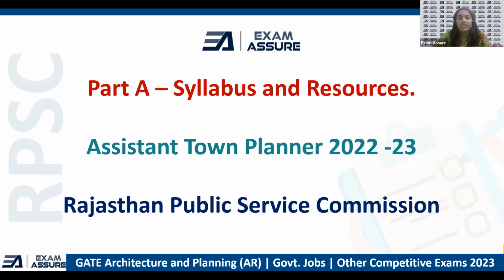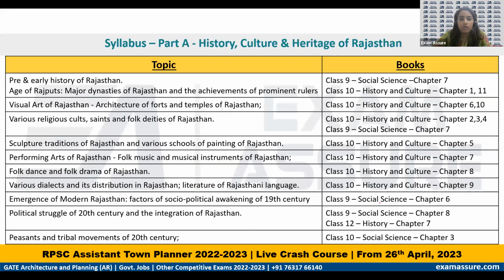Now, as far as part A of the syllabus is concerned, we had a lot of queries asking us what can be done, saying there are no resources, and so on. So we have detailed out different resources. Just to simplify, you really don't need to study all the GK material that is available in the market.